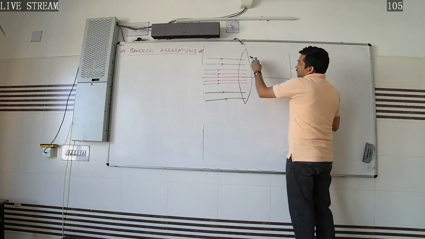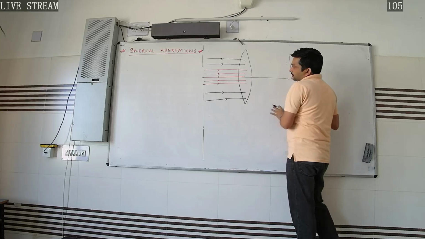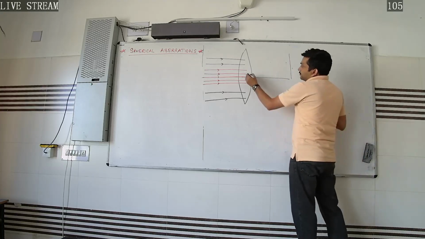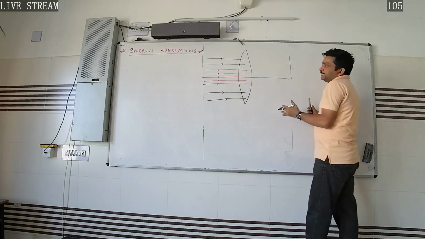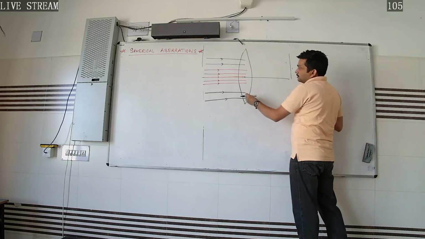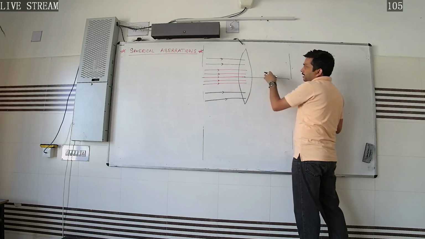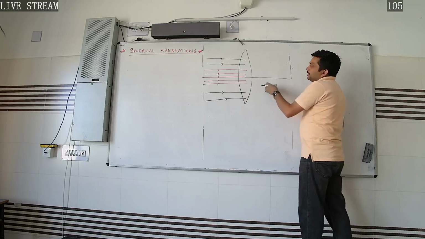So what could happen when lenses of large aperture are made? Then these lenses lose the ability to focus the whole wide beam of rays of light at its principal focus.